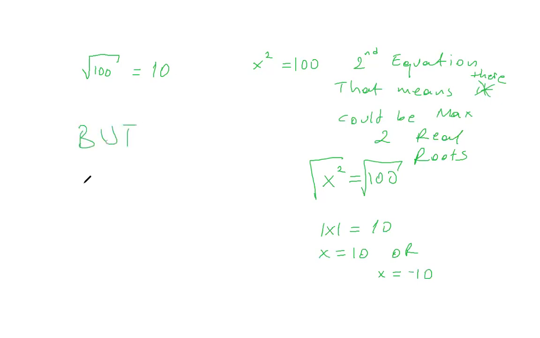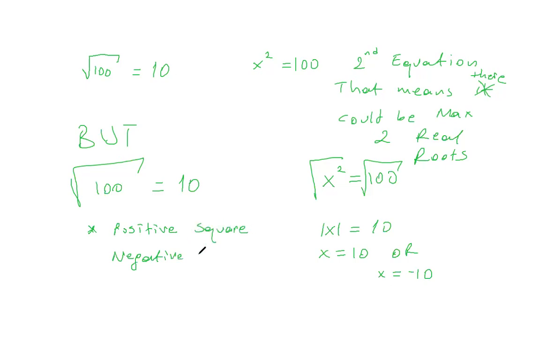But when you have root 100, this is just a number. So by the definition of the square root, the result is always positive. I don't want to confuse the others, but there is positive square root and negative square root.